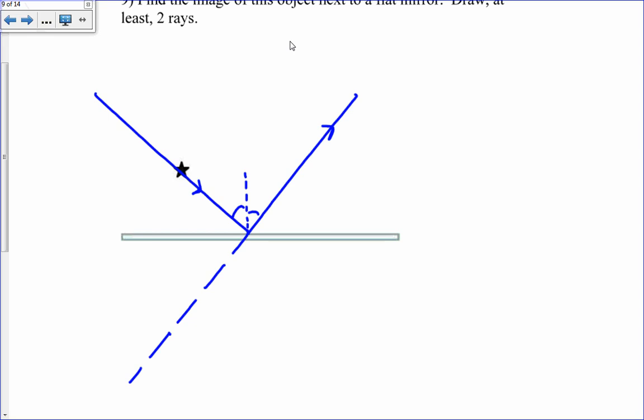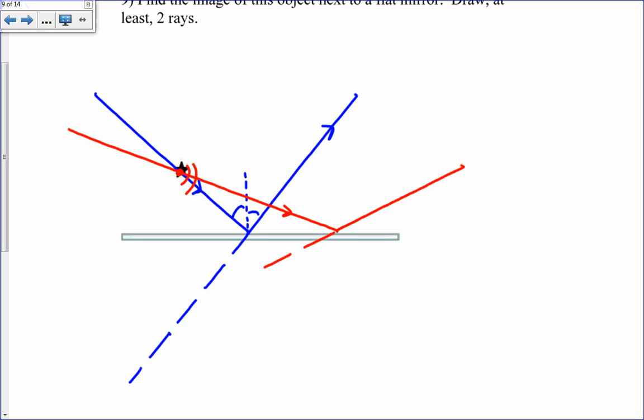Now I'm going to draw a second ray, also through the object. See, around this object, there are rays emanating in all directions. Right? And these rays, or these lines that I'm drawing, just represent light waves that travel along these lines. Now I'm going to draw the reflected ray, following the law of reflection. It's going to look something like that.